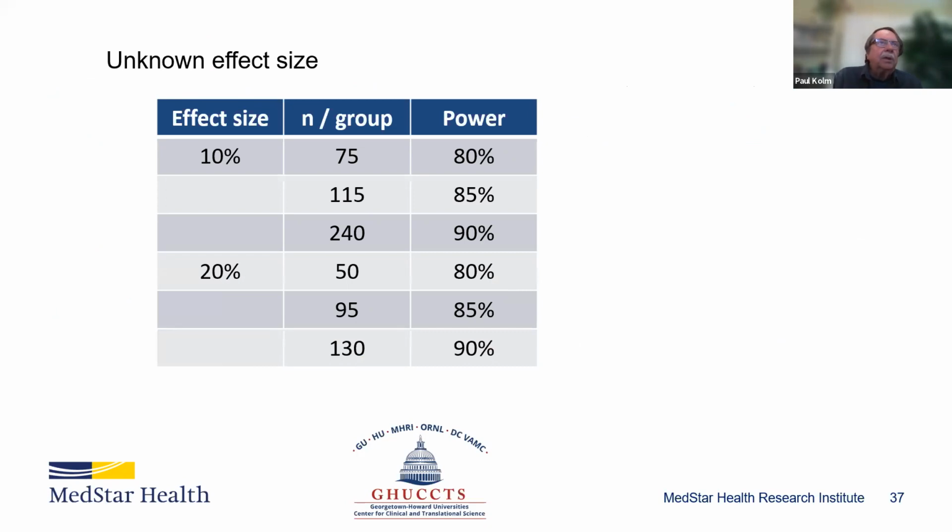So for example, if we have say a 10% effect size, then depending on what our analysis is, we would need, say, for 80, 85, and 90% power, 75, 115, and 240 subjects. If you had a bigger effect size, then obviously for those power levels, the number is going to be smaller.